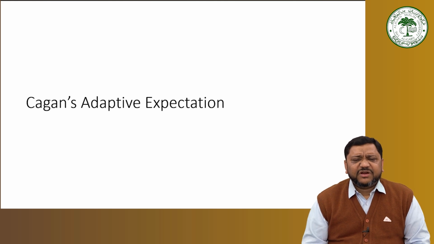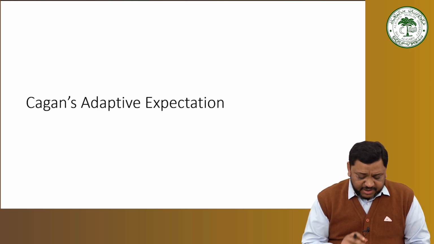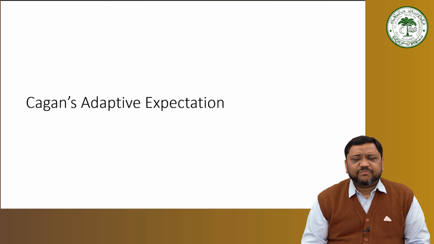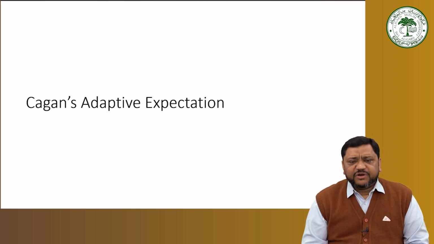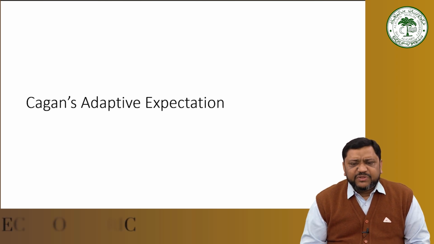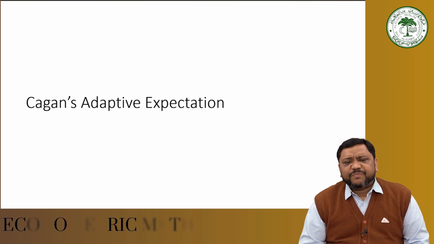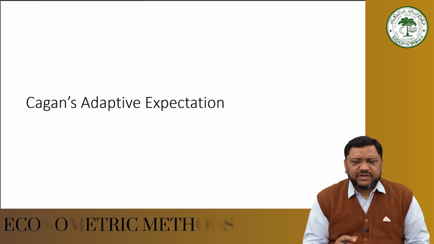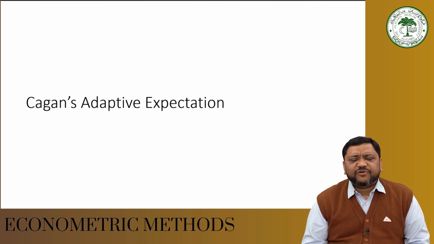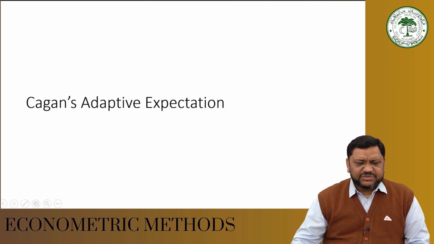It was devoid of any theoretical underpinning. But this Cagan's adaptive expectation model fills this gap, and we look at it from a different perspective, that is, economic agents will adapt their expectations in light of past experience, and in particular they will learn from their mistakes.